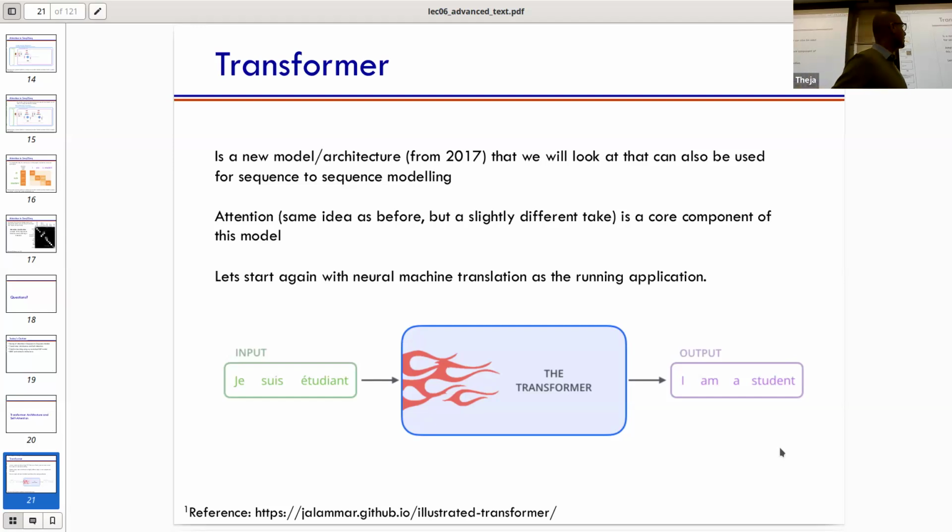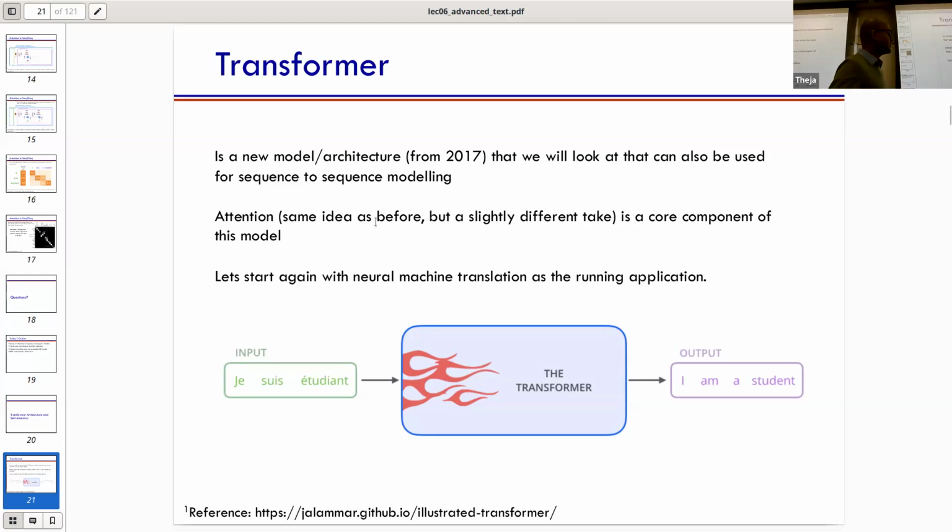It's a model from 2017, and it can also be used for sequence modeling. That's at least the initial motivation. But as you saw, sequence models can also be used for fixed-length settings. There's nothing preventing you from using sequence models for fixed input length settings.